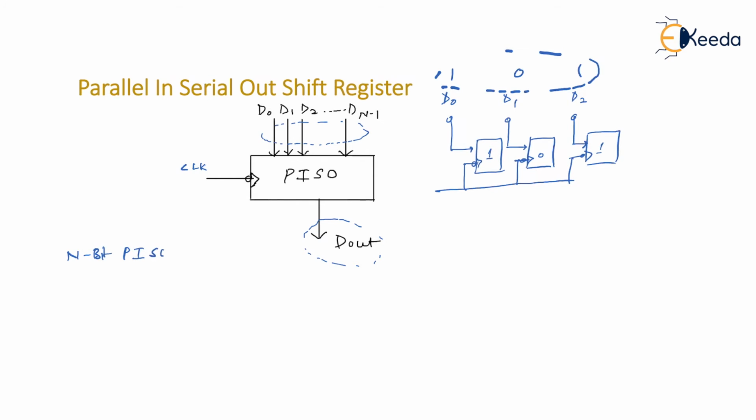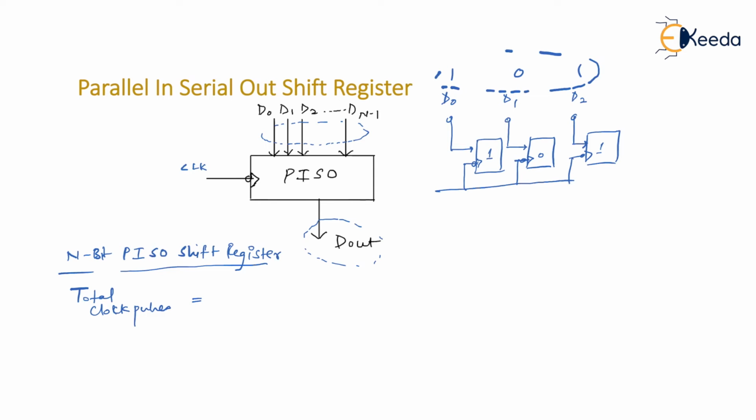Therefore, now I can come to a very important conclusion: for an n-bit parallel in serial out shift register, if I want to see the total number of clock pulses needed, I can go with that very easily. Never ever forget that when I have to calculate the total clock pulses, I see how many clock pulses are needed to store the data and how many clock pulses are needed to retrieve the data.